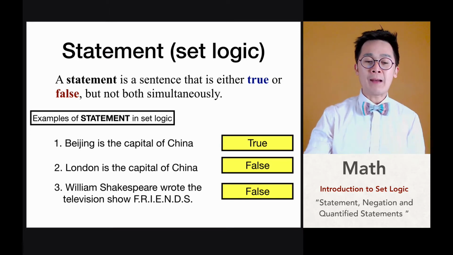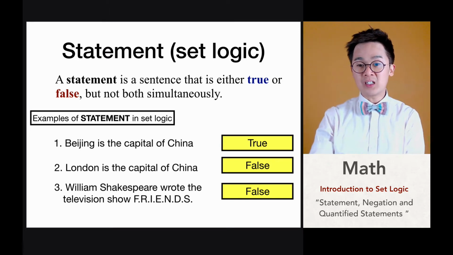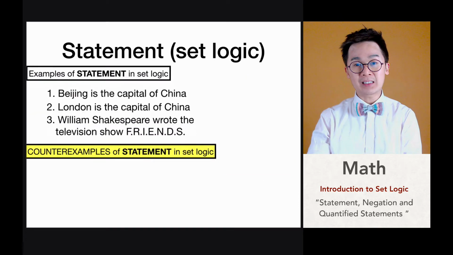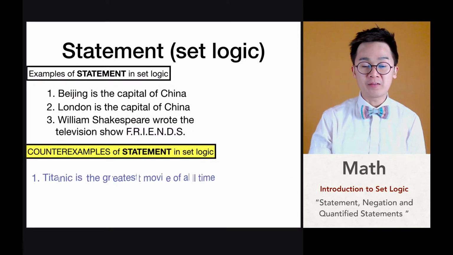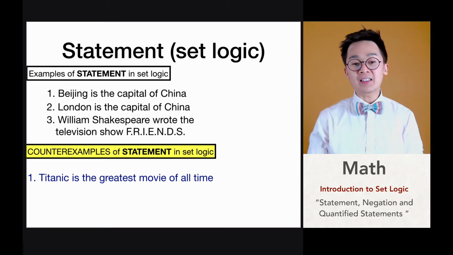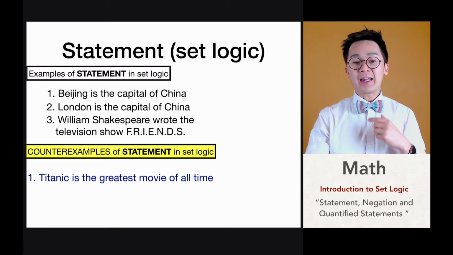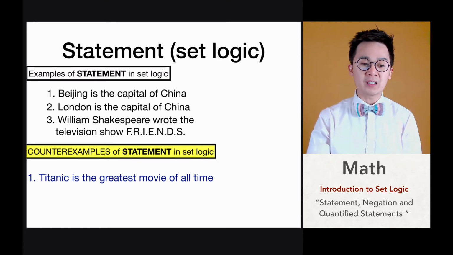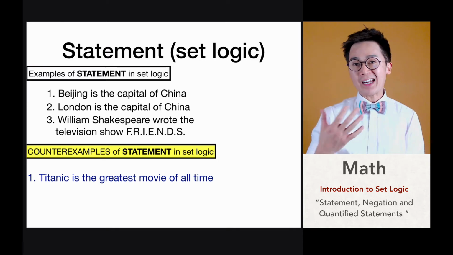So what are some examples of statements that are not considered valid statements in set logic? I'm going to give you some counterexamples. For example, number 1, Titanic is the greatest movie of all time. It's not a valid statement in set logic because for me, it may not be Titanic which is the greatest movie of all time.